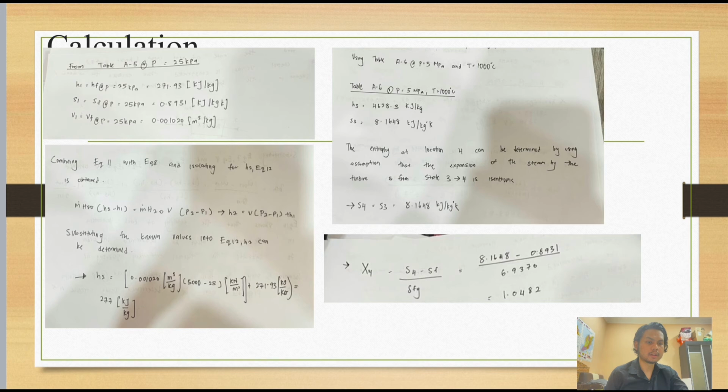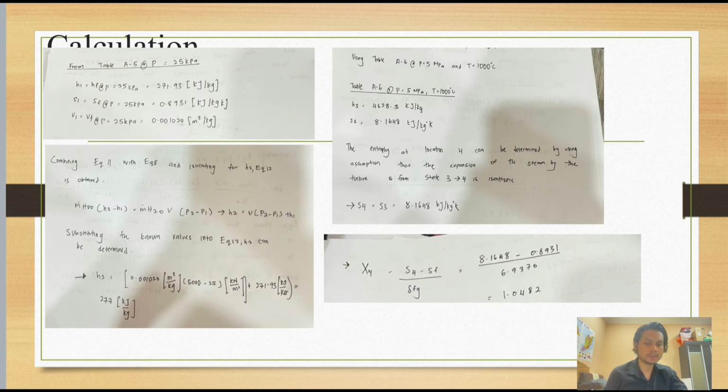Now I want to find the properties at location 2. From location 2, we can express the reversible work as shown in equation 2. The liquid H2O can be assumed to be an incompressible substance, so V1 equals V2 equals V. So we just combine equation 2 with the previous equation and isolate for H2.